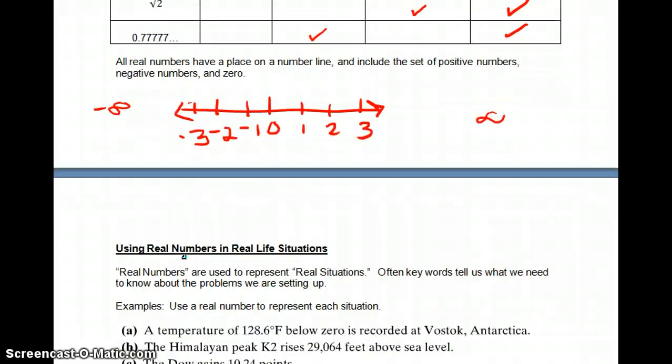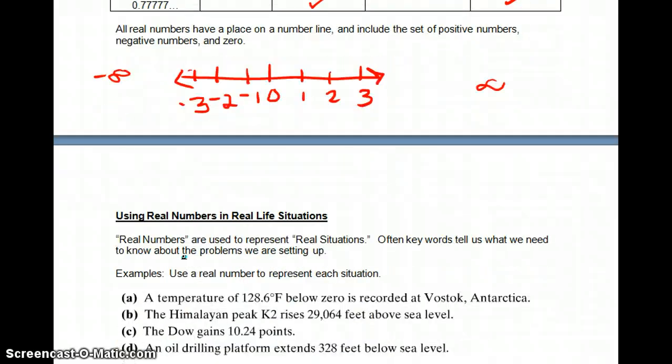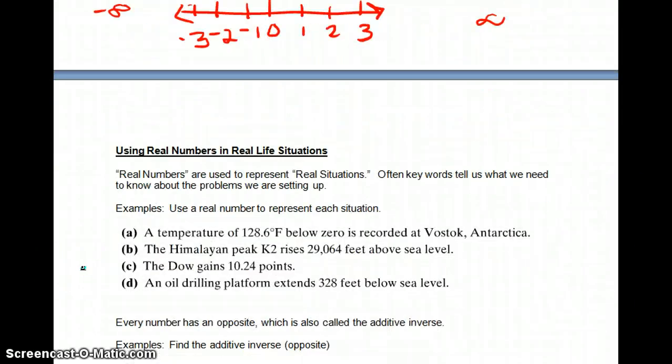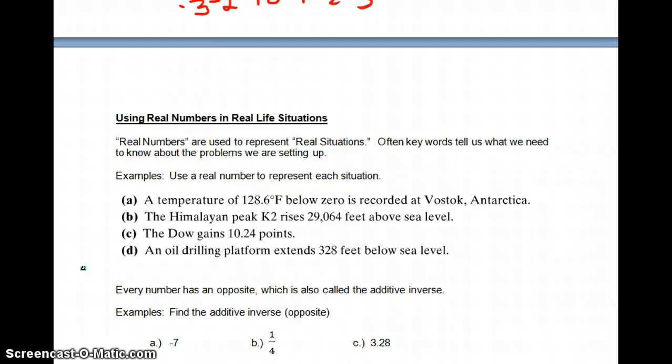All right. Now we're going to learn how to use real numbers in real life situations. Now, real numbers are used to represent real situations. And often, keywords tell us exactly what we need to know about the problems that we are trying to set up. I.e., word problems, everybody's favorite type of problem, right?